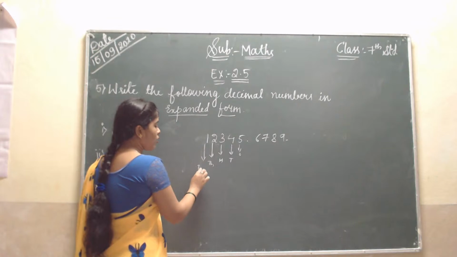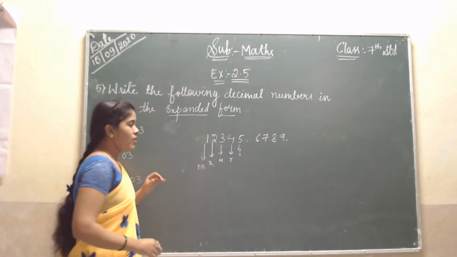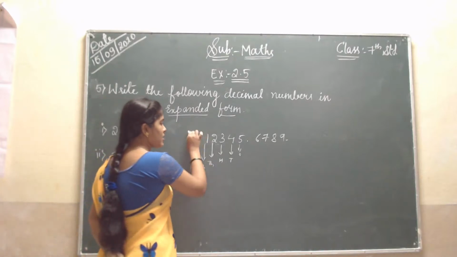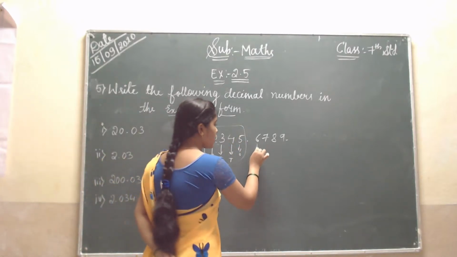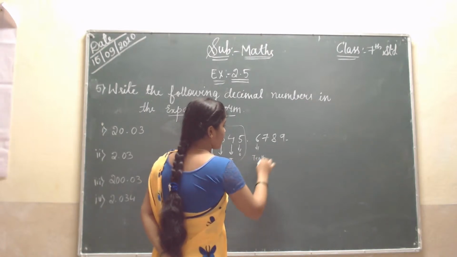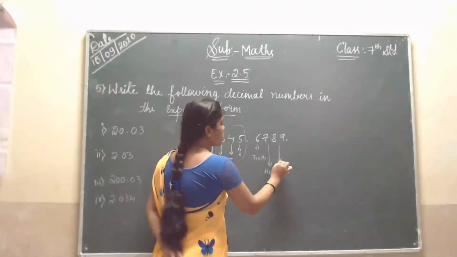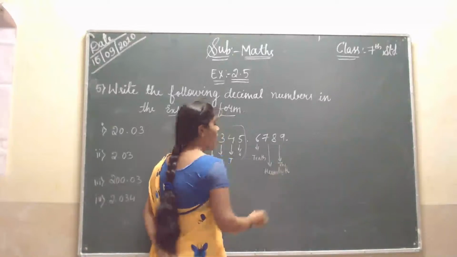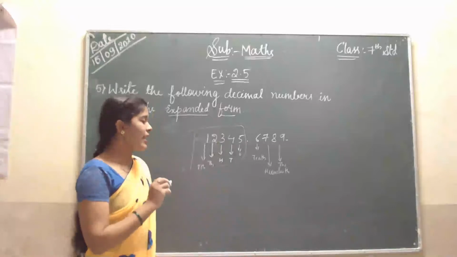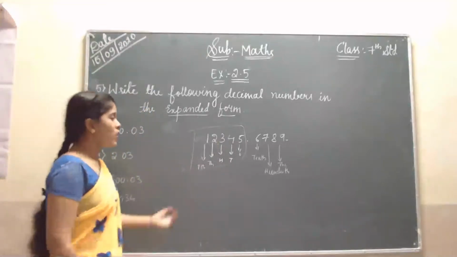We know how to write the place value of this. After the decimal, tenths, hundredths, thousandths, we have to write th after all.